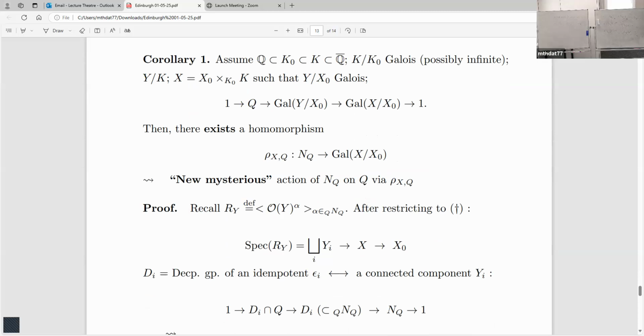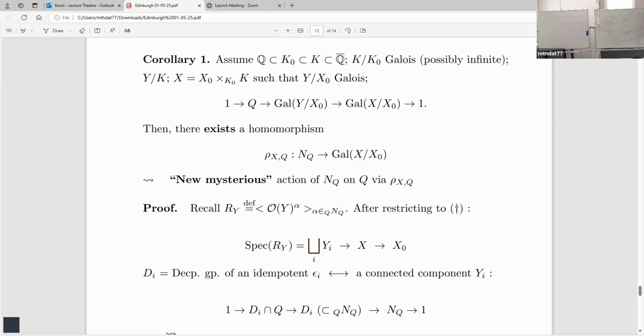And as a corollary of this result, one obtains the following. This was also mentioned briefly in Tsujimura's talk. Again, we are using a single Hurwitz datum, so X is defined over some number field. Say K naught is a number field over which X is defined, so it comes from some X naught over K naught, and K over K naught is some infinite extension such that Y, your covering Y to X, is defined over K, but in such a way that Y over X naught is Galois also.